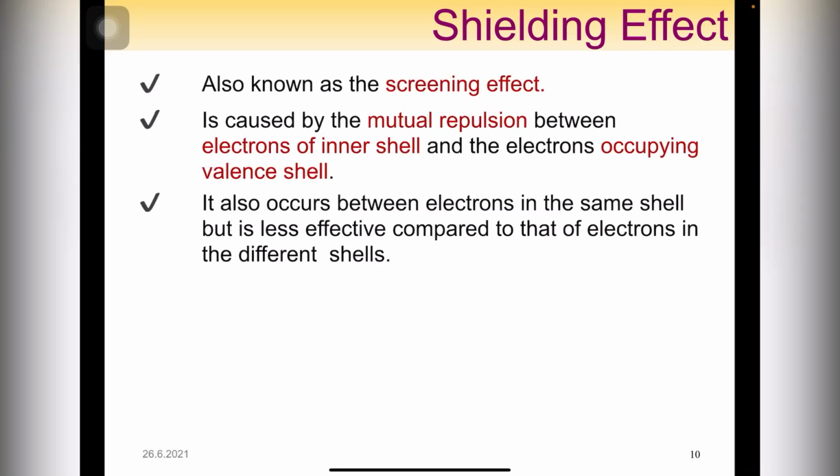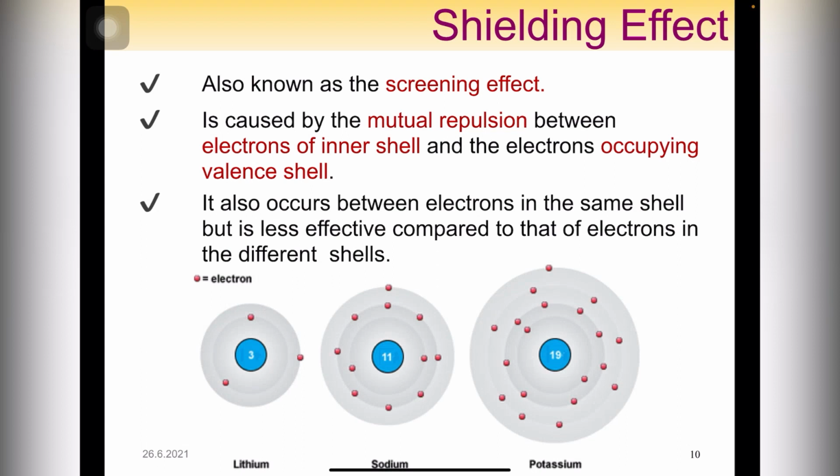The shielding effect is also known as the screening effect, and is caused by the mutual repulsion between the electrons of the inner shell and the electrons occupying the valence shell. It also occurs between electrons in the same shell, but it is less effective compared to electrons in a different shell. This is an example with lithium, sodium, and potassium.